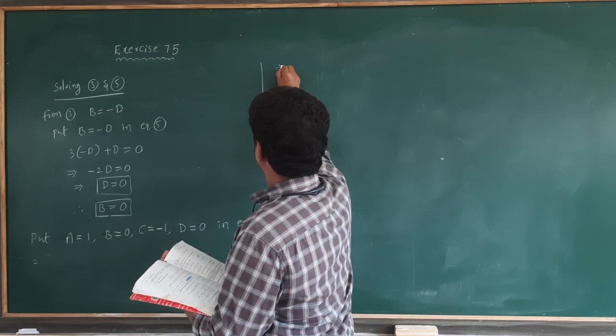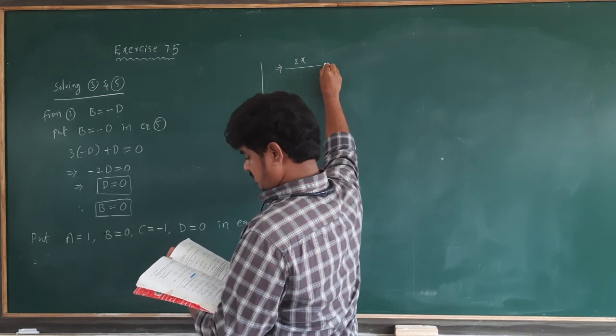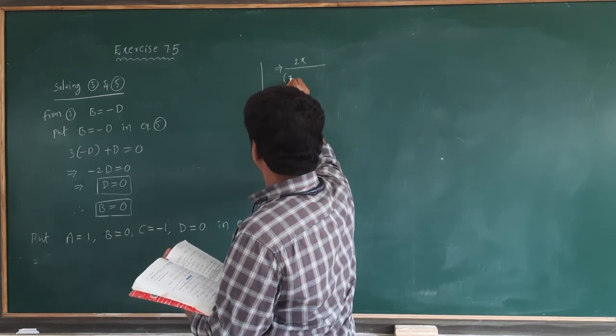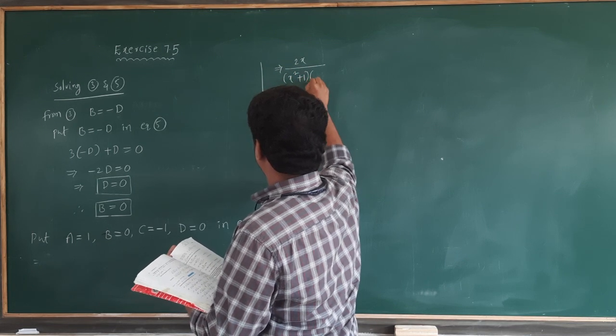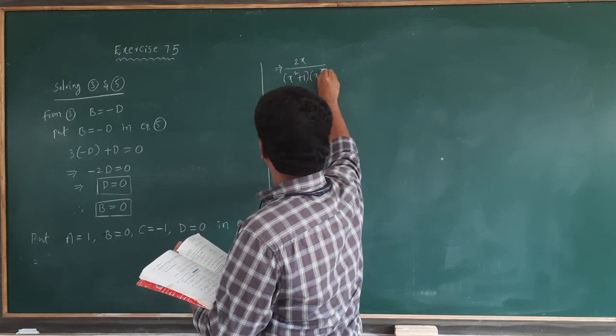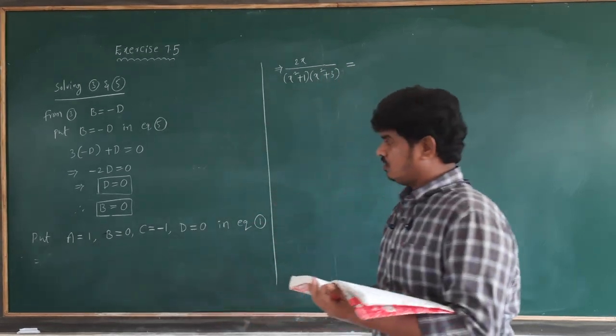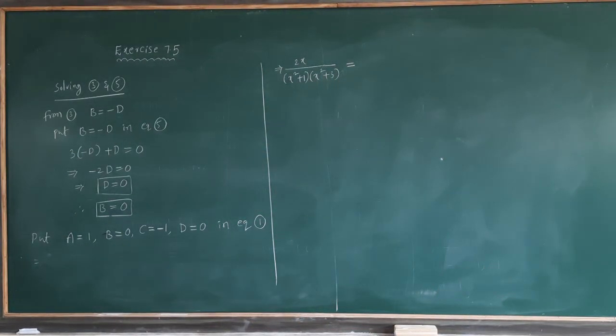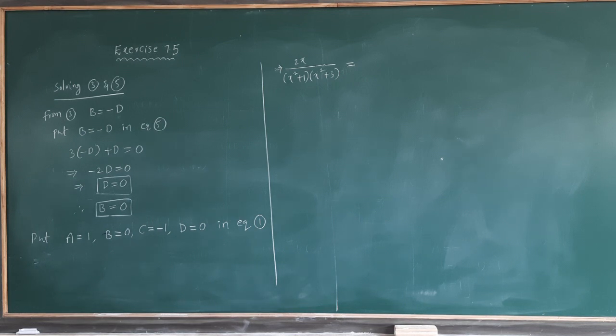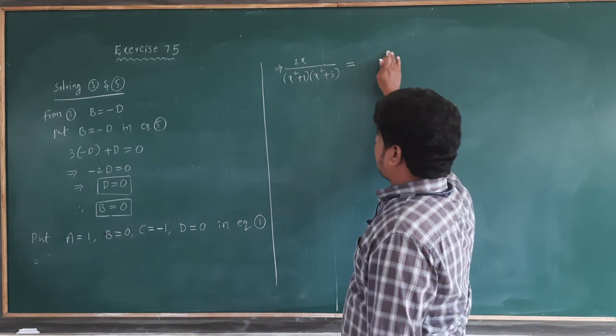So 2x divided by x square plus 1 into x square plus 3 is equal to, ax plus b was there.